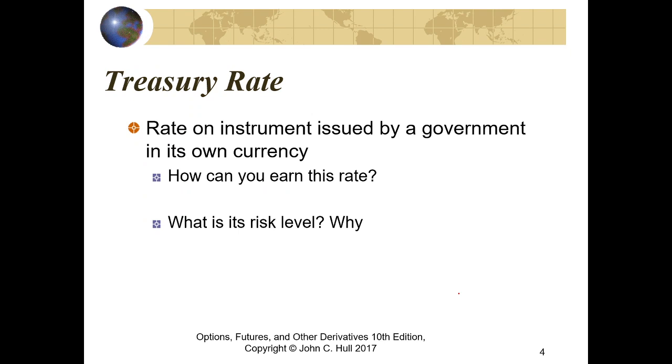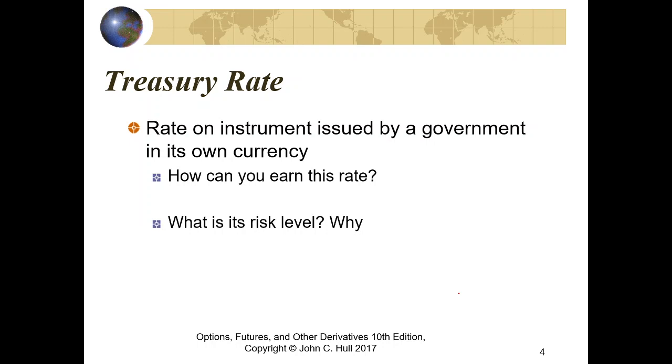Okay, let's start with treasury rates. Treasury rates are the rates earned on instruments issued by a government in its own currency. So usually these rates we only observe in debt instruments issued by the government. Now, how can you earn this rate?